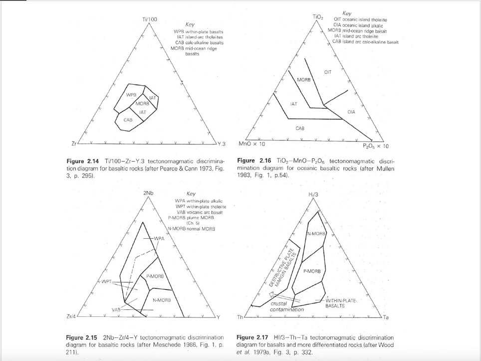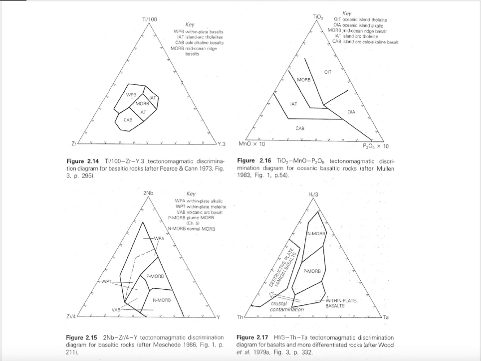Then we have VAB, these are volcanic arc basalts. Then we have the P-MORB, that is a plume MORB, that is enriched compared to the N-MORB, which we will talk about in chapter number 5. And then we have the N-MORB, that is the normal MORB, which you can find at the mid-ocean ridges. There you have your different fields, and you can classify the rock which you have found in the field.